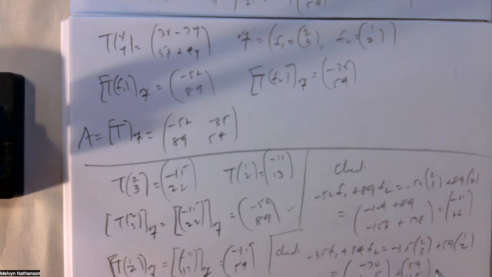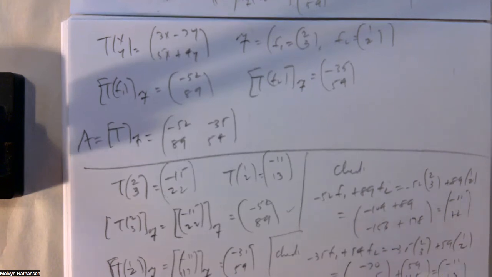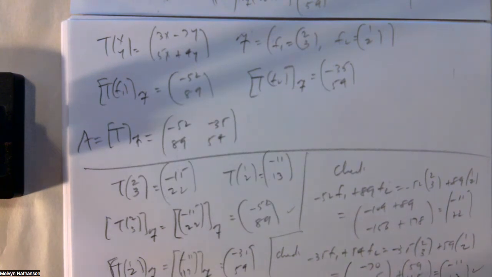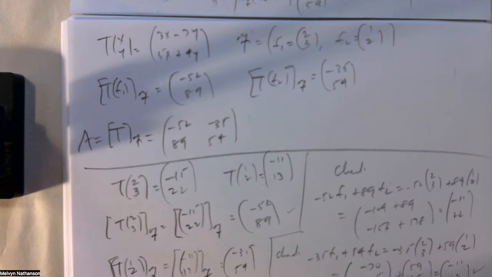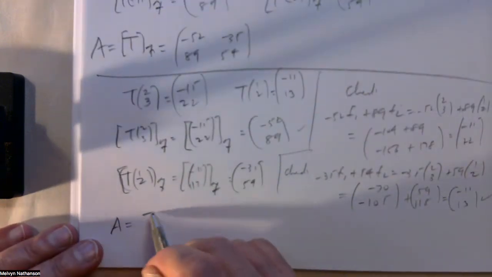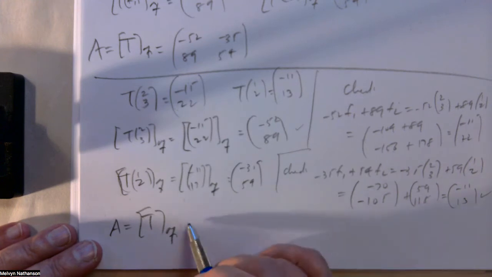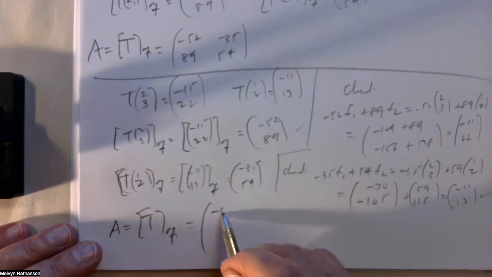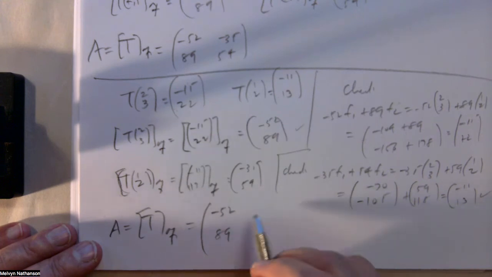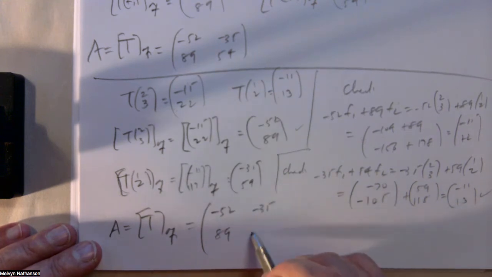So minus 70 plus 59 is minus 11, and 118 minus 105 is 13, and this also checks perfectly. Okay. So that means that the matrix A for my linear transformation with respect to the basis F is (minus 52, 89), (minus 35, 54).